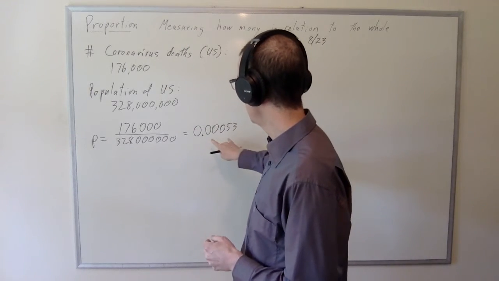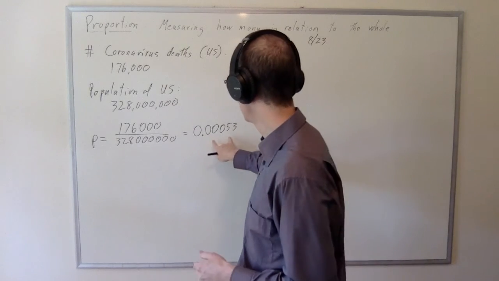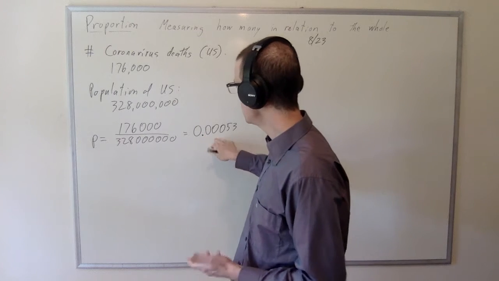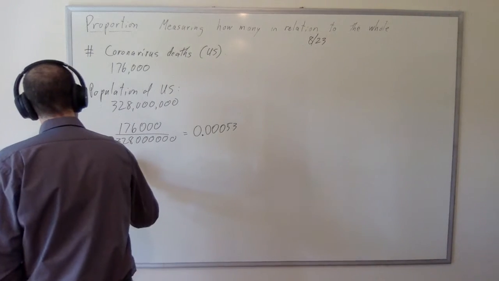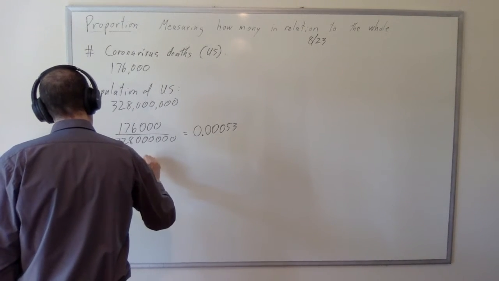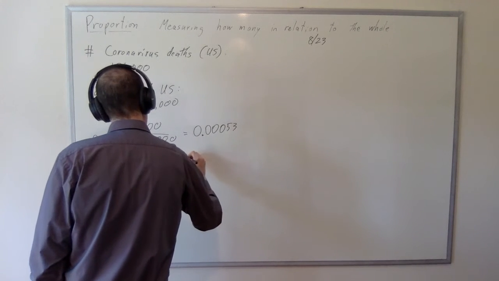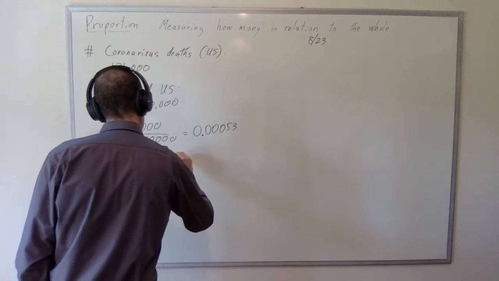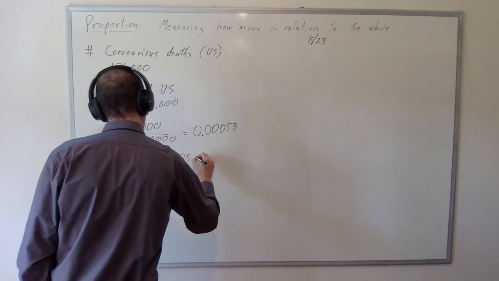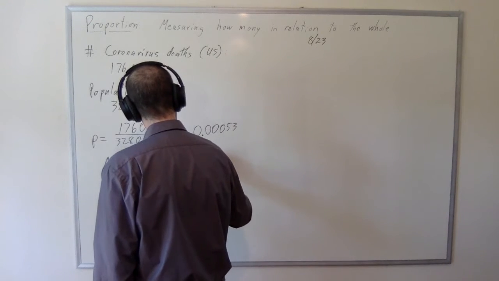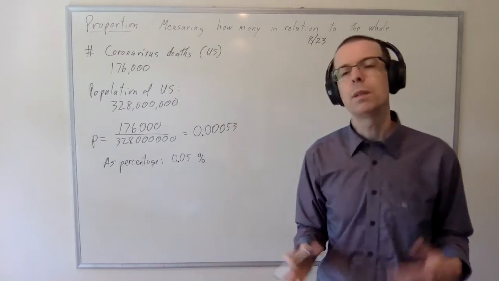But it's a tremendously significant number, even though it's a very small number. So let's express this as a percentage, because that is a point of confusion here. As a percentage, we can say 0.05%. Now, what does it mean?